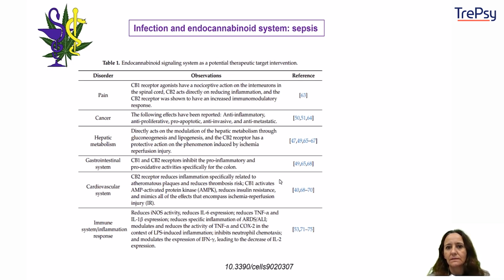So, is the regulation of the cannabinoid receptor signaling system a potential therapeutic target for intervention? Yes, it is. For example, if we have a look at this paper, we can see that the importance of these receptors in pain is well established, but we need more research.